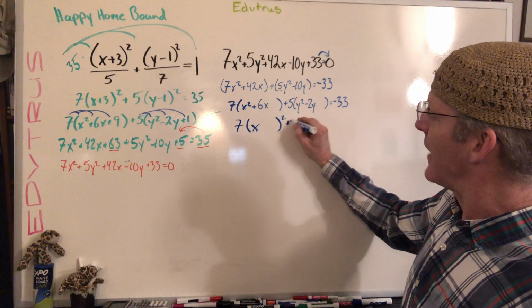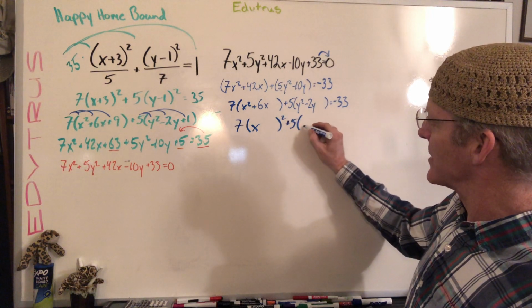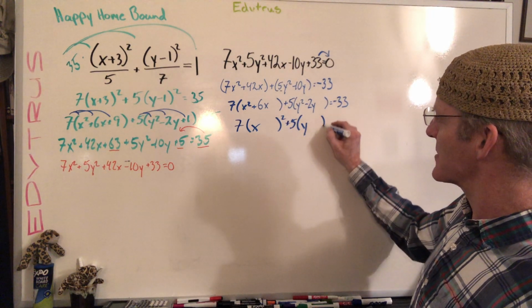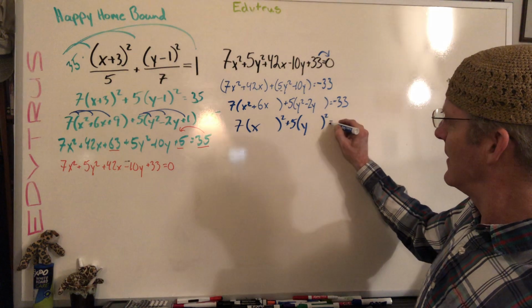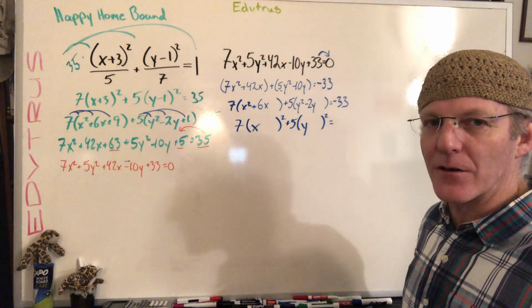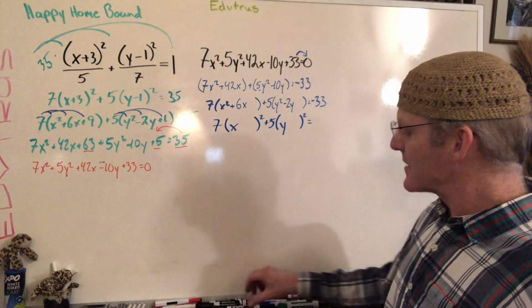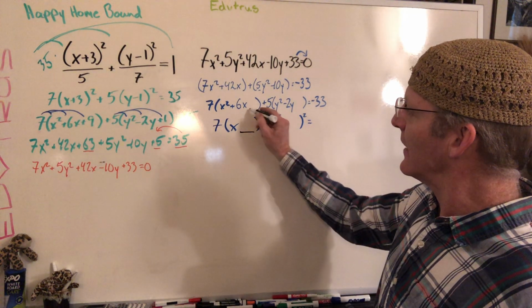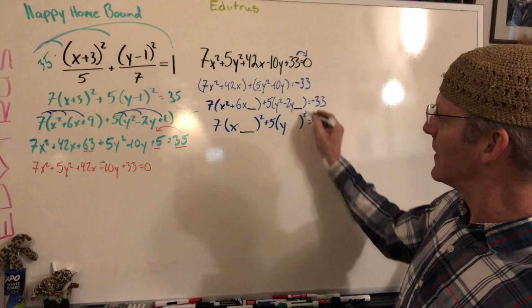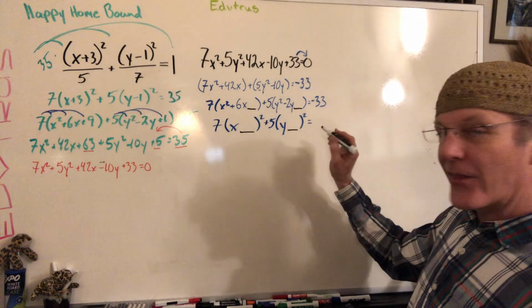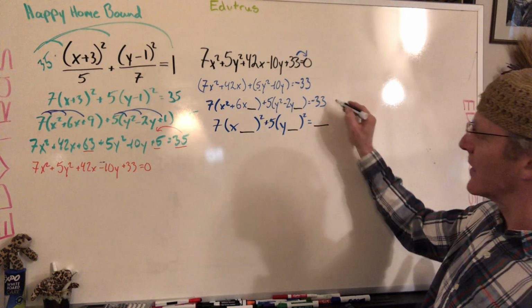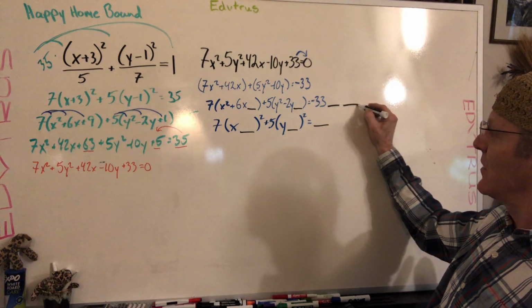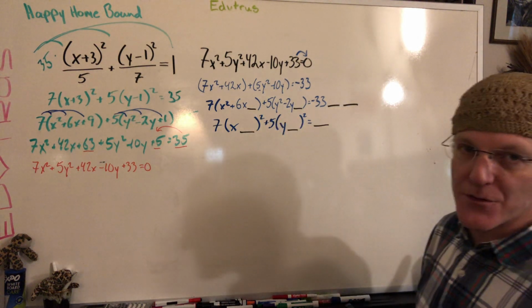Here we're going to have the 5, and that's going to be times (y plus or minus something) squared. And then that's going to equal some number, right? So we're going to have to fill in blanks here and here, here and here, and then a total here after we've compensated twice for both of those things.